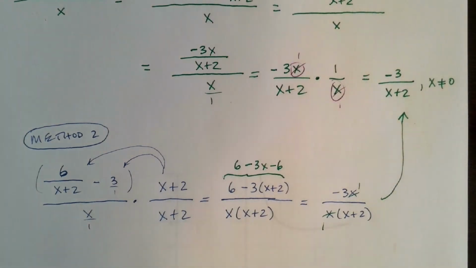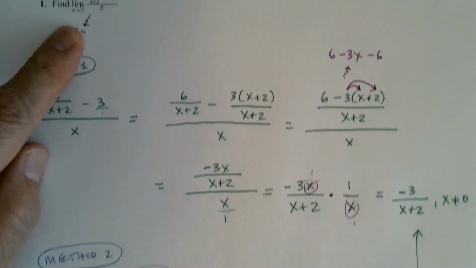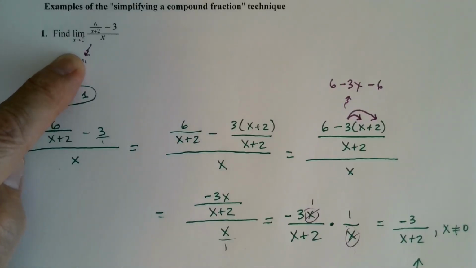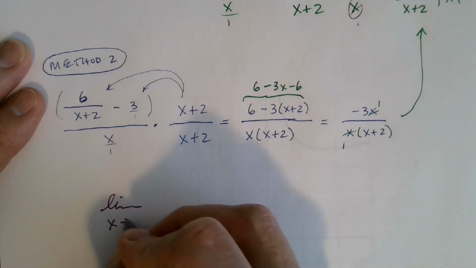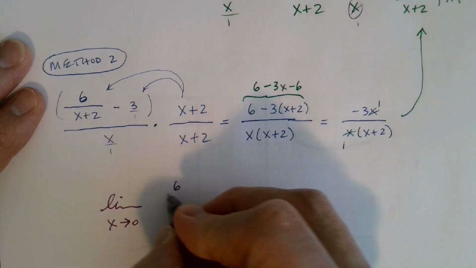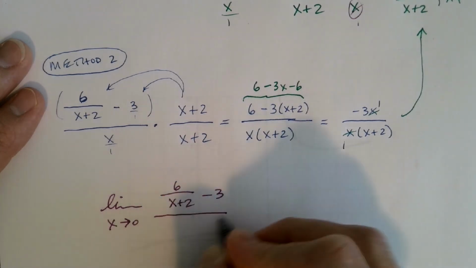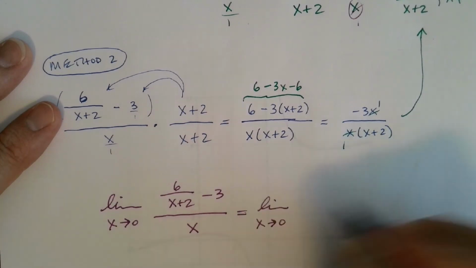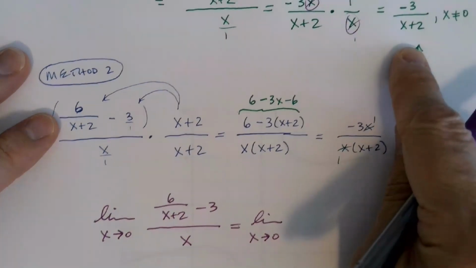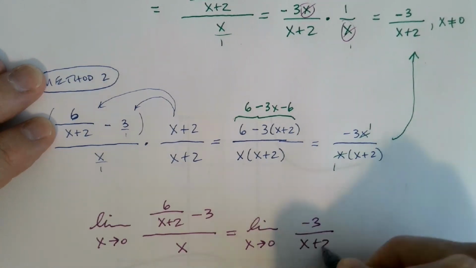Okay. So now we're ready to give the answer to the original question, which was what's this limit as x approaches 0. So let's write that out. The limit as x approaches 0 of 6 divided by x plus 2 minus 3 all over x is equal to the limit as x approaches 0 of the function we've simplified down to, negative 3 over x plus 2.